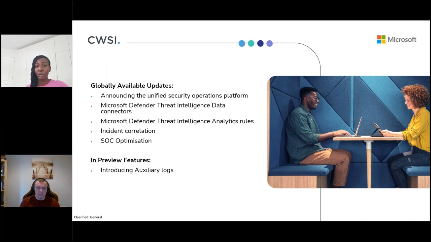So these connectors help you to monitor, alert, and hunt for threats using indicators of compromise, such as IP addresses, domains, URLs, and file hashes. Because even over here at Microsoft, we analyze around 78 trillion threat signals daily. So by having these threat connectors connected to your Sentinel, you're able to take advantage of the intelligence that our team has access to and use this in making security decisions.